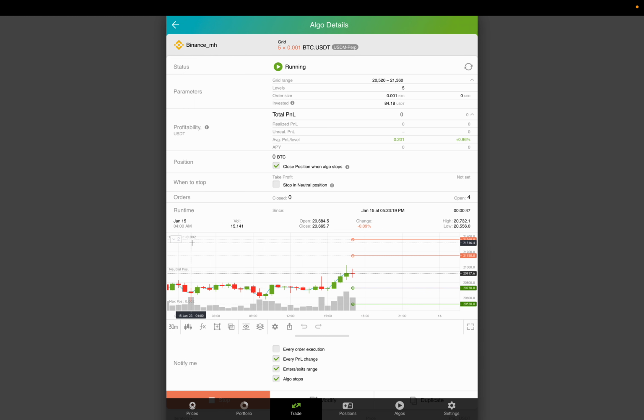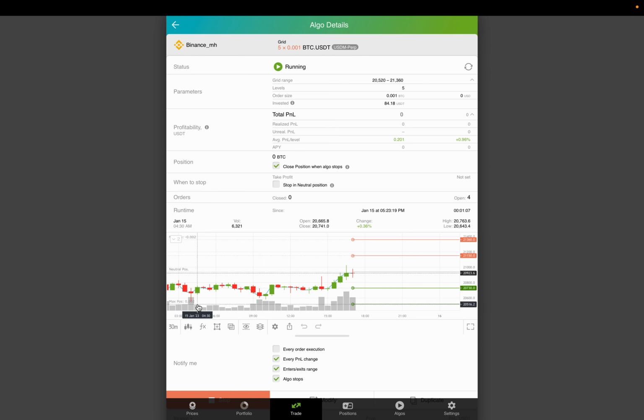If the grid is here, that will be your position here, right? As we have 0.001 BTC on each level, we have a minus 0.002 BTC position here, and on this level you'll have a plus 0.002 BTC position. Okay, so that's the neutral grid in a nutshell.